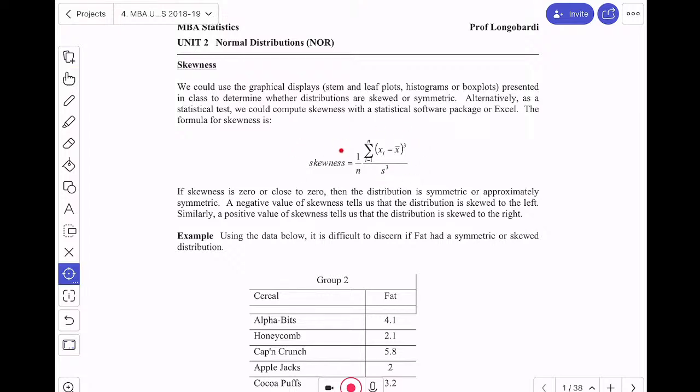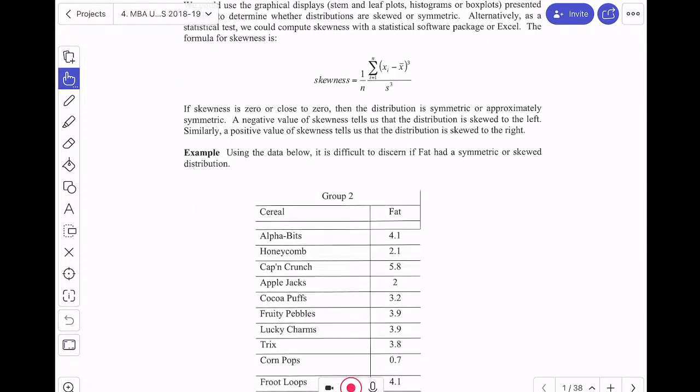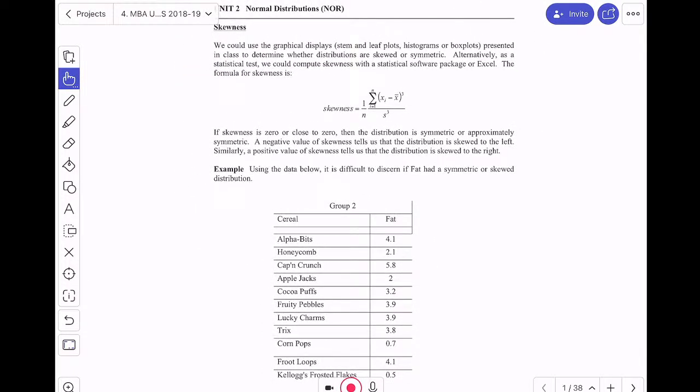Excel will use a formula that looks somewhat like the standard deviation, but it's not the standard deviation. This is a measure of skewness, and the higher the value, the more skewed the data. If it's negative, it's left skewed. If it's positive, it's right skewed. Okay? So you can look into that, but I'm not going to test you on that formula or anything. It's just to let you know what Excel, the black box of software, is giving you.